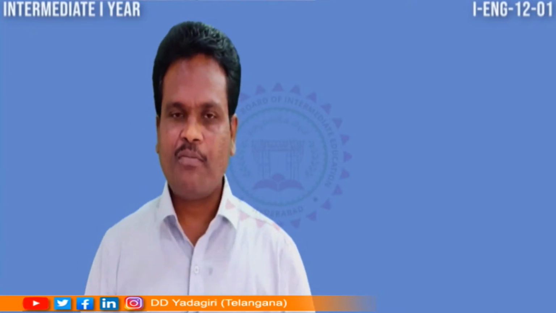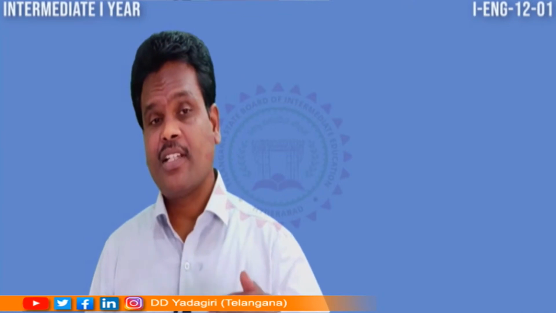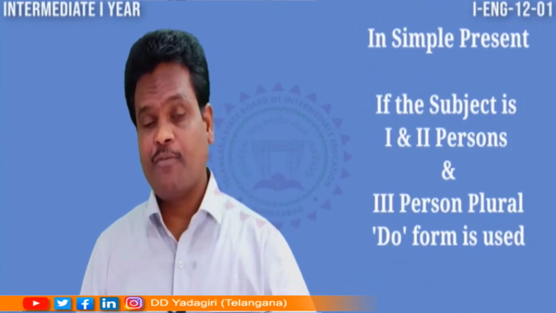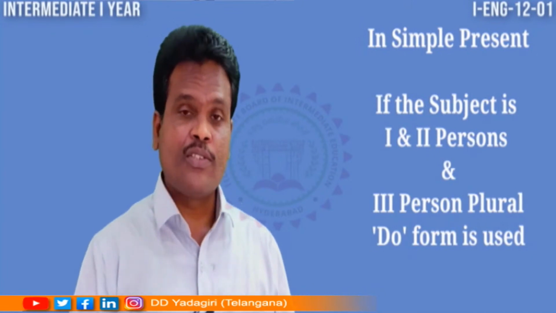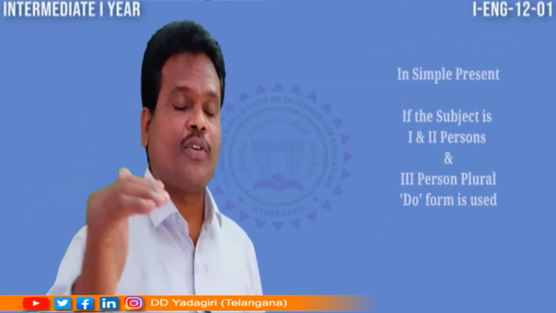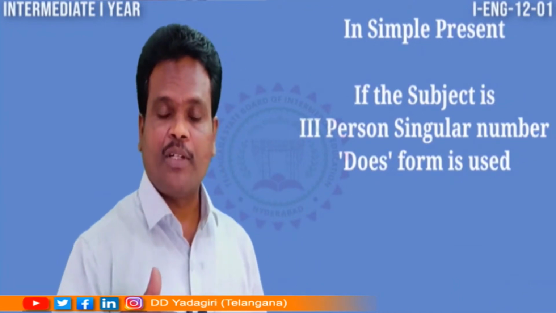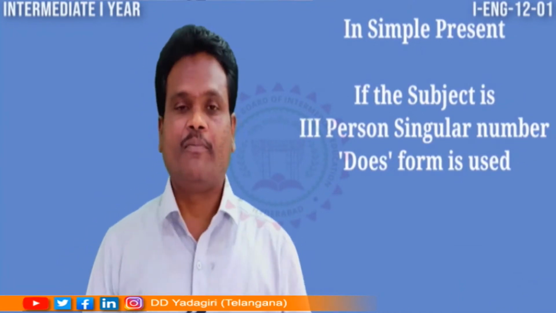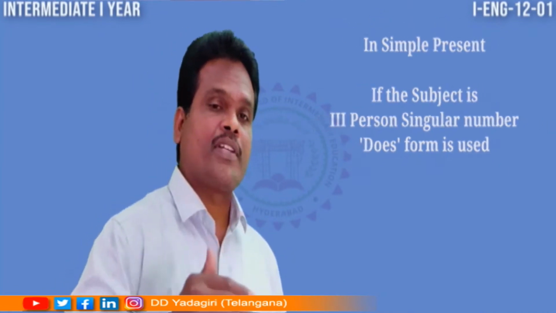One V1 is the do form, the other V1 is the does form. If the subject is first person, second person, or third person plural, we use V1 as the do form. If the subject is third person singular, we use the does form. That is ultimately only in simple present tense.